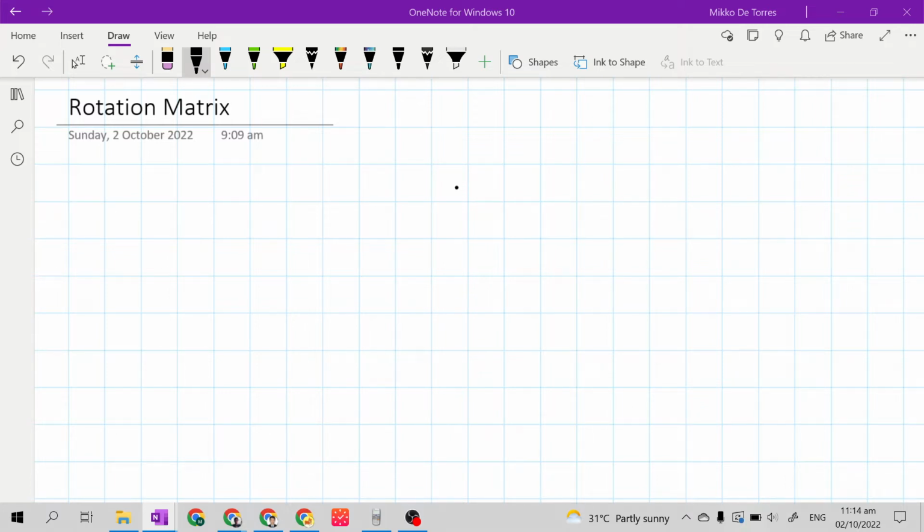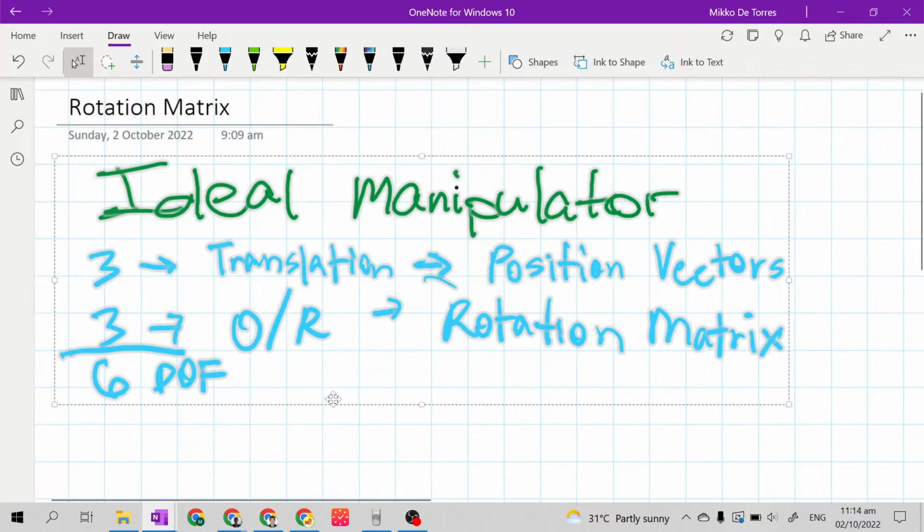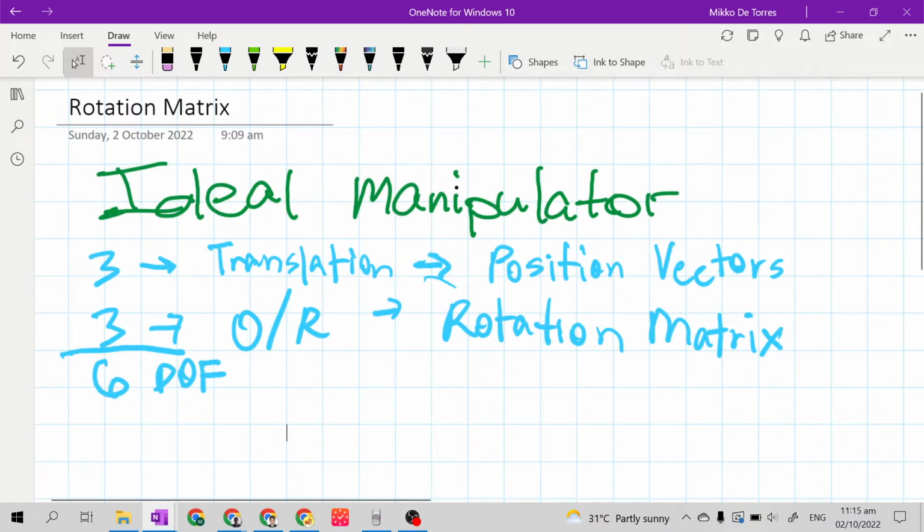Be reminded, class, that an ideal mechanical manipulator has 6 degrees of freedom.